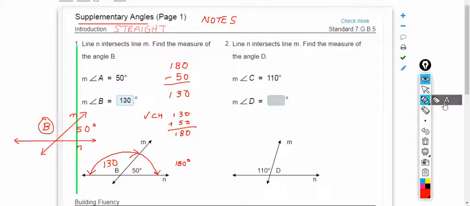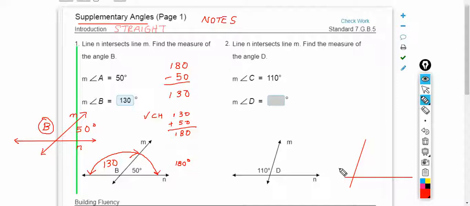Okay, next angle, same thing. Draw it in your notes, something like this. Let me do a straight angle. There we go. Figured it out.